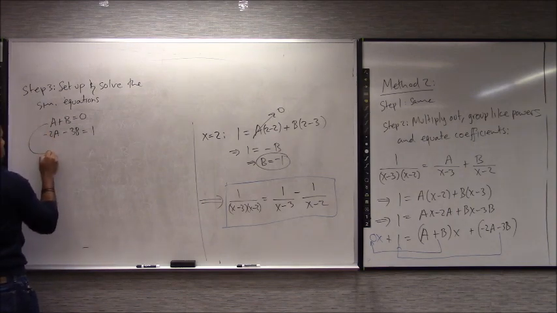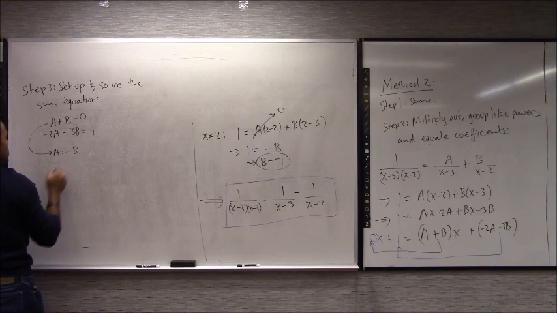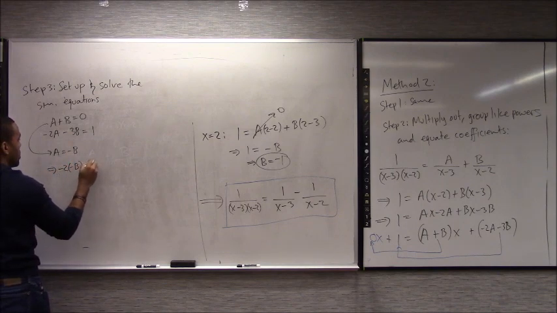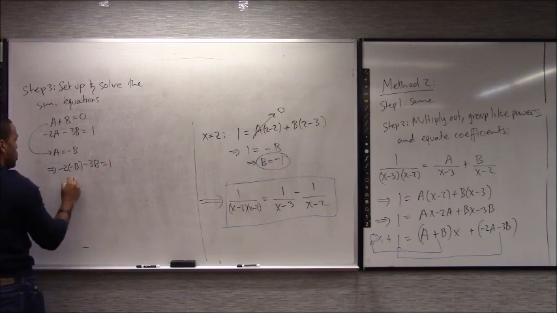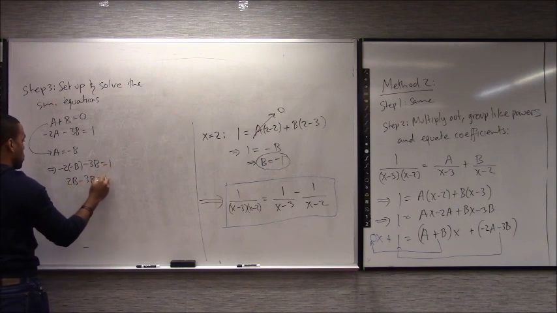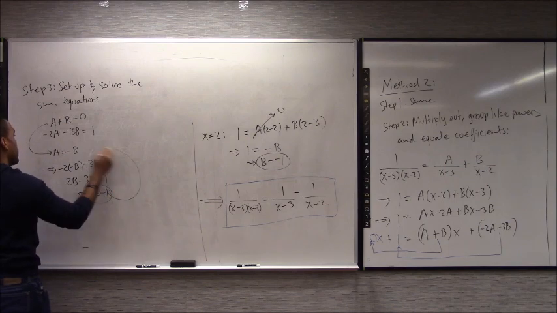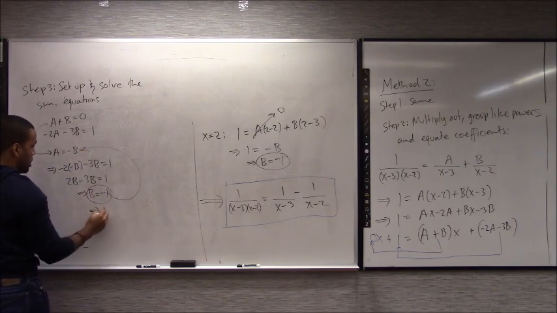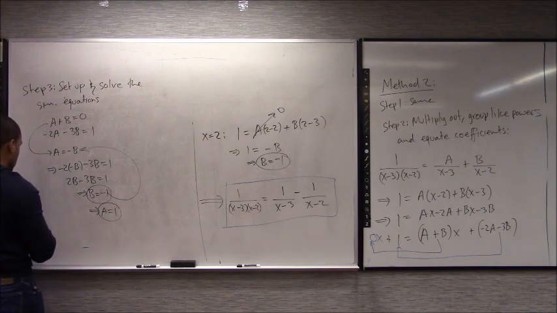I mean, you'll know how to do it. Say a equals minus b. Plug that into the second one. You get 2b minus 3b equals 1. You get b equals minus 1. Substitute back here. You get a equals plus 1. Again, you obtain the same result.